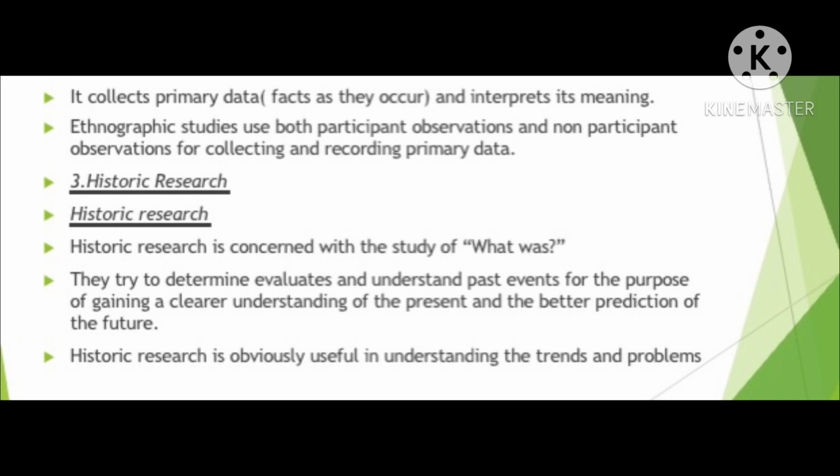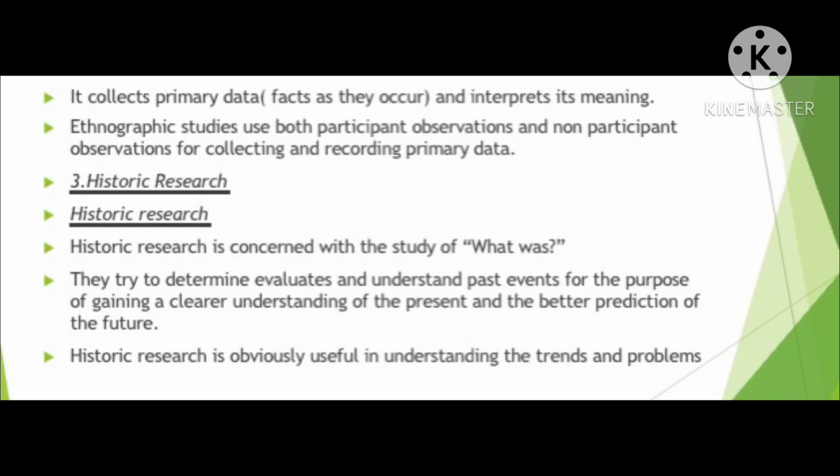Next is historic research. Historic research is concerned with the study of what was, what happened earlier. Why are we doing the historic studies? The historic studies help us to understand why something is happening presently. What is the consequence of that? In which way we can predict the future things?